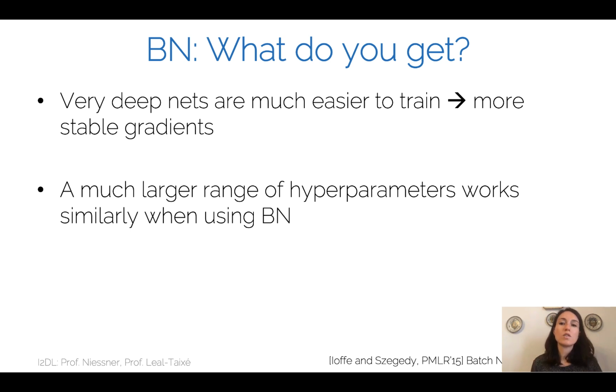This is just going to be amplified here with batch normalization. So now you can create much deeper networks and you can actually train them easily. And also, there is a much larger range of hyperparameters, learning rate, etc., that actually works in a similar way when you use batch normalization. So you can actually reach decent results without having to do crazy hyperparameter tuning.